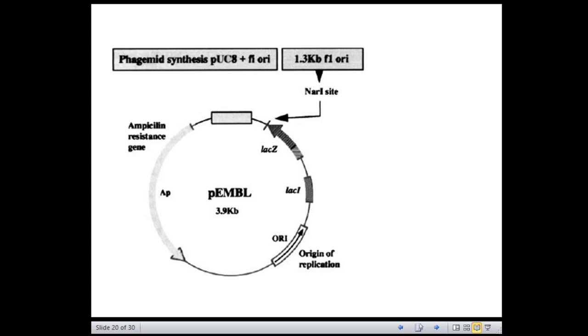So this was constructed by inserting a fragment of another phage termed f1, which contains a phage origin of replication and elements for its morphogenesis, into a pUC8 plasmid. Following superinfection with helper phage, the f1 origin is activated and this allows single-stranded DNA to be produced.